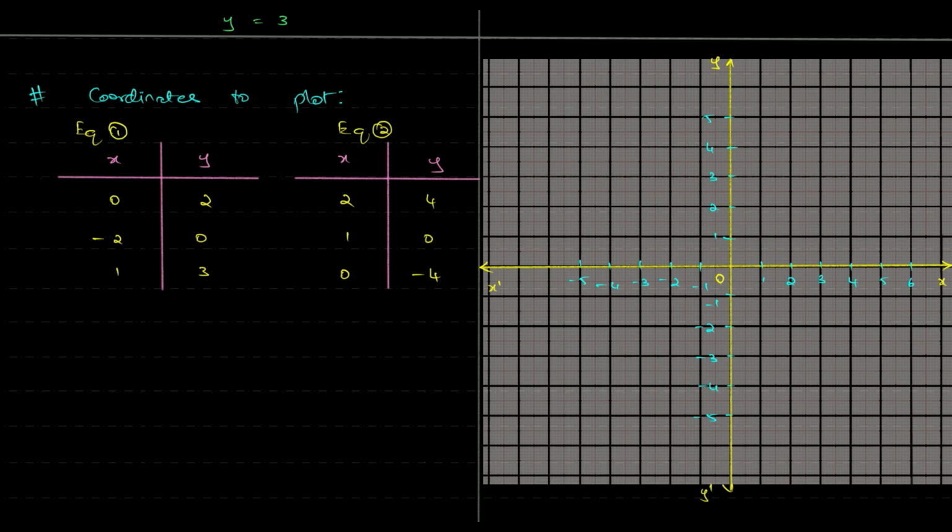So the very first thing is we have 0 and 2 for equation 1. 0 and 2 is this point, and minus 2 is to the left, 0 is over here itself, 1 is to the right, 3 is up. Okay, we got a straight line, that's good.